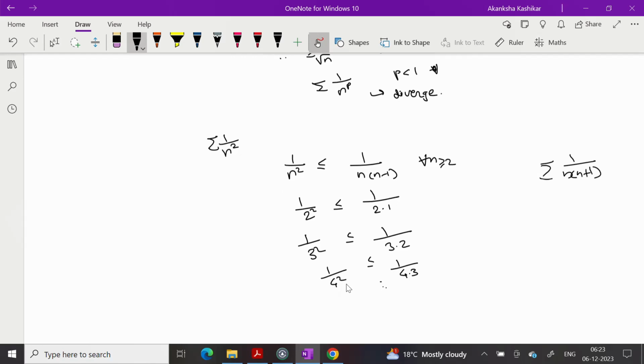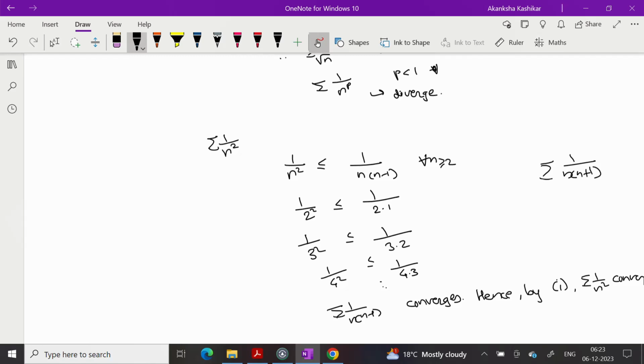So we know that summation 1 upon n into n minus 1 converges. Hence, by part 1 of the comparison test, we conclude that summation 1 by n square also converges.